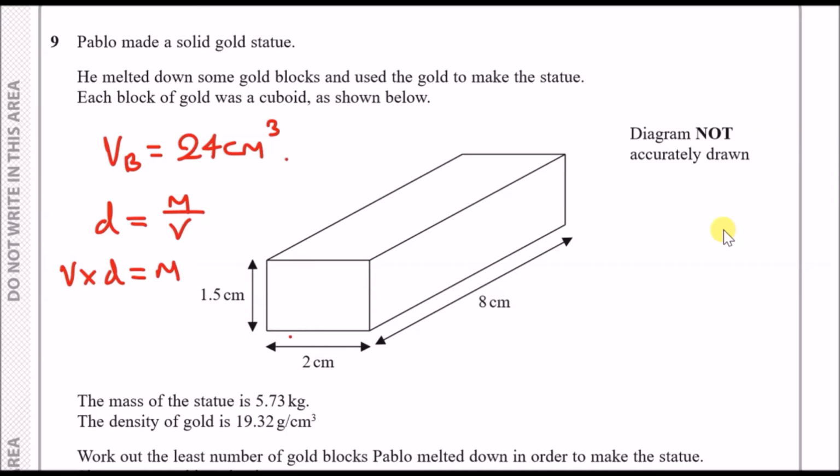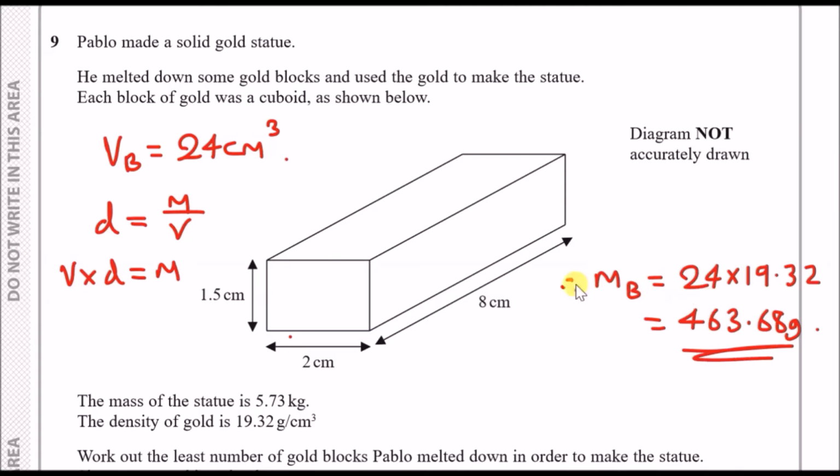So that means the mass of the block is essentially 24, which is the volume, times the density of gold. So 24 times 19.32. If you put that in your calculator, you should get a result of approximately 463.68 grams. Okay, so remember, we're working in grams here.